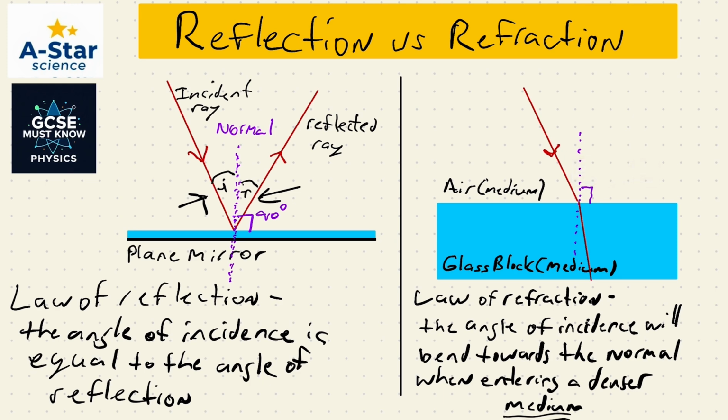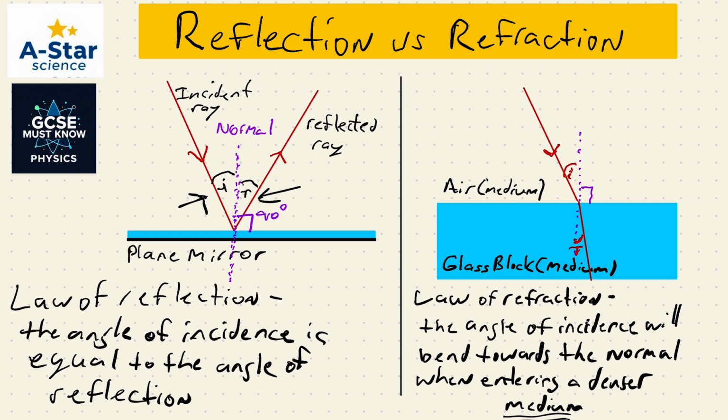And we can see that the angle of incidence, which is here, just like in the previous experiment, we put a little i. The angle of incidence is going to be less than the angle of refraction, which is here.